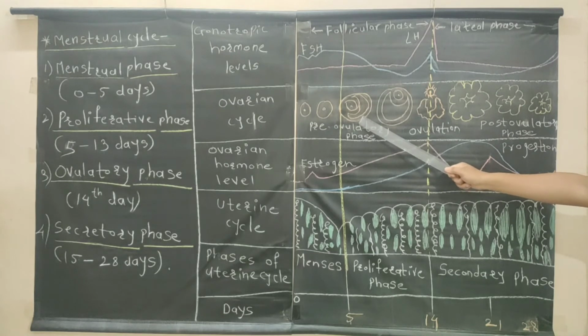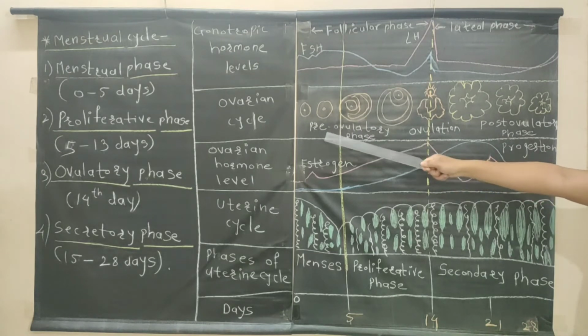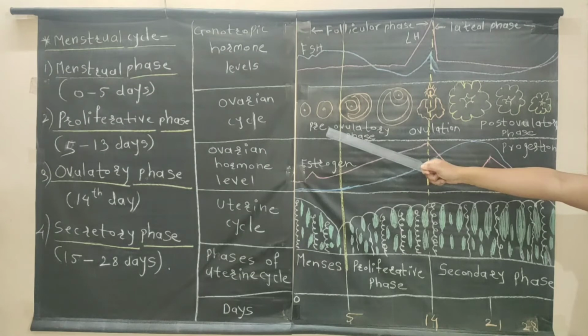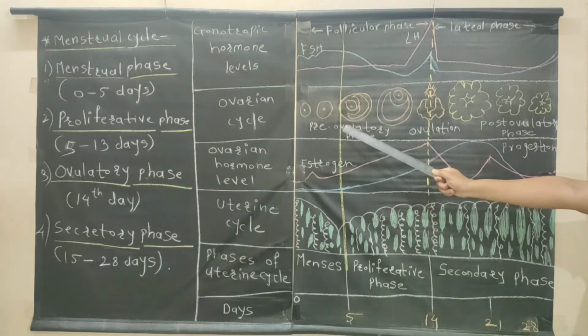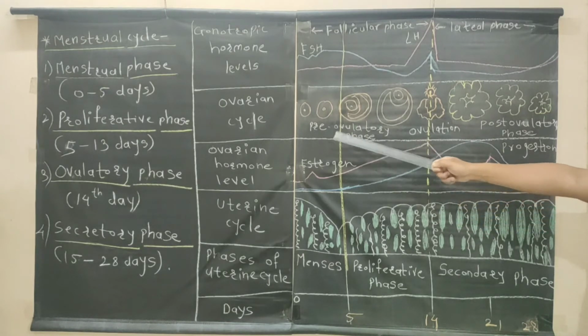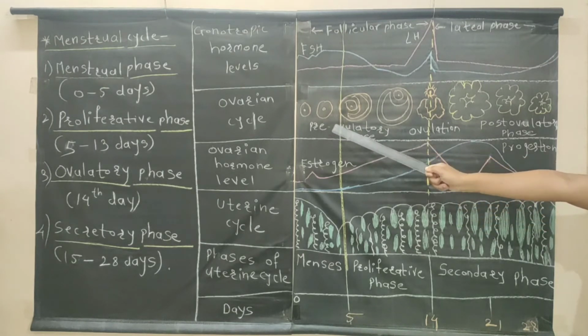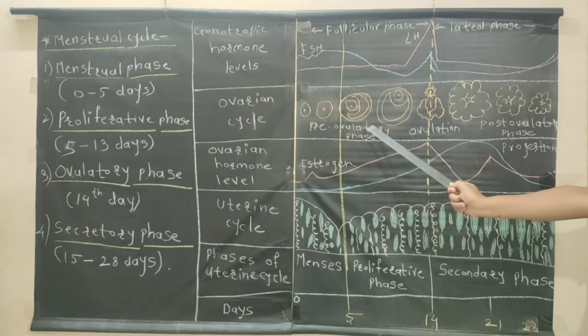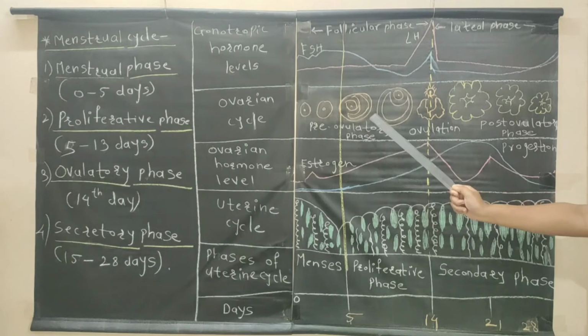In the ovarian cycle, these primordial follicles start converting into primary follicles, and these primary follicles get converted into secondary follicles. You can see here the size of a follicle starts increasing, as well as the developing ovum.